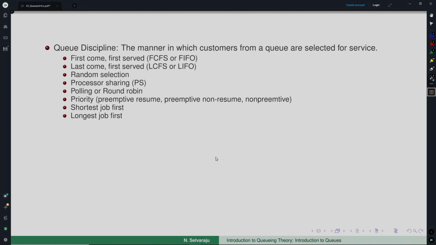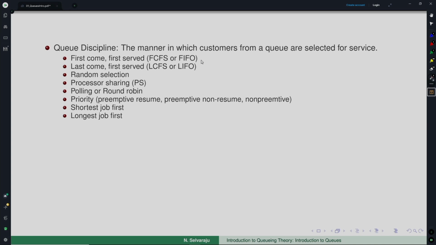The most common one that you would see across various applications or systems is first come first served, or in short FCFS, or first in first out, FIFO. This is what you would most commonly see, and you might feel that this is the most fair system when you have to queue, when you have to wait, right.